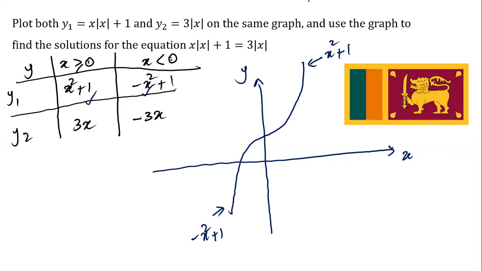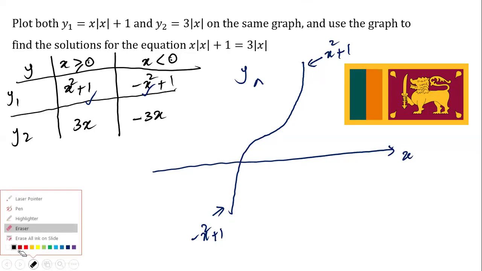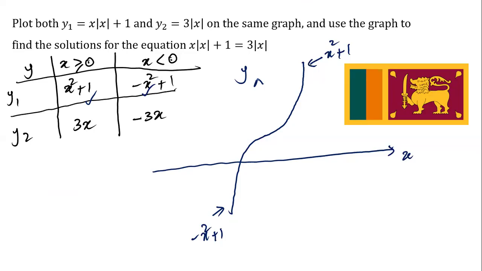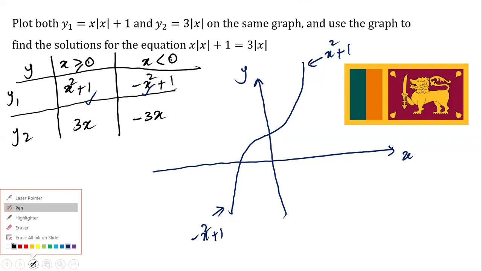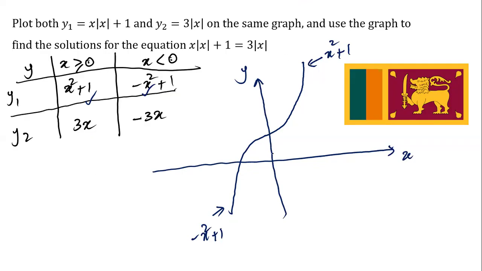And now we will plot 3 mod of x. When I draw plus 3x, it's going to become like this.